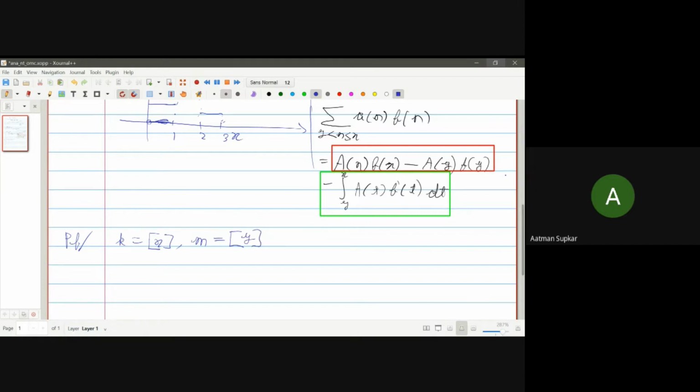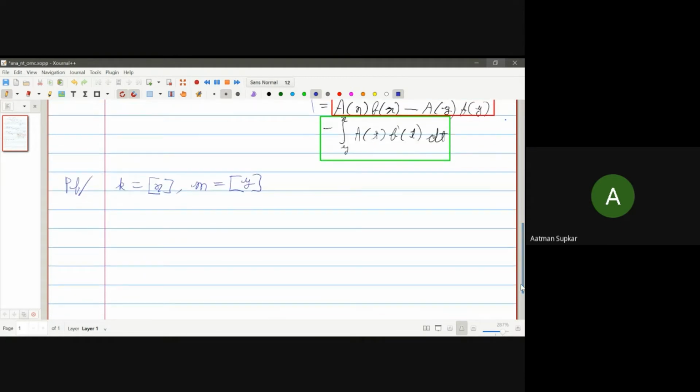So if you lose track in the lecture, just remember y comes before x in the alphabet, y comes after x in the alphabet, m comes after k in the alphabet. Hopefully that helps you keep track.